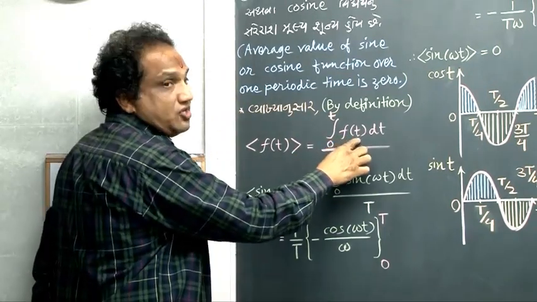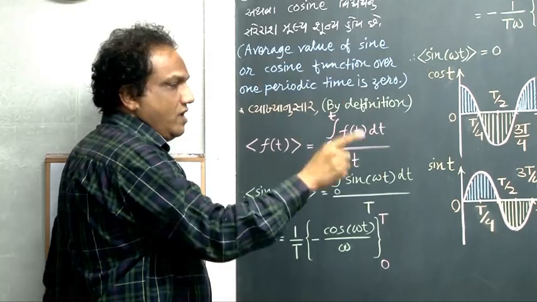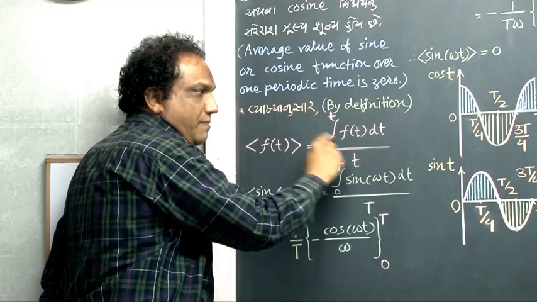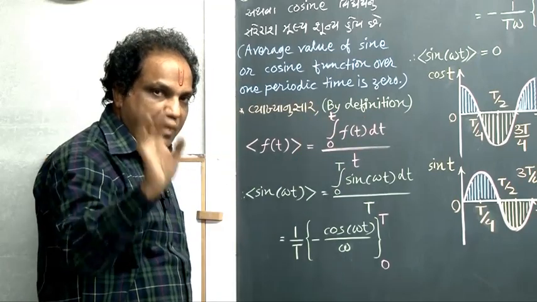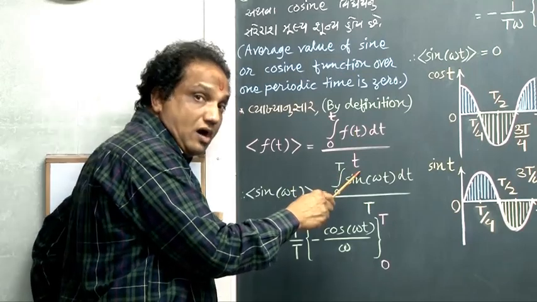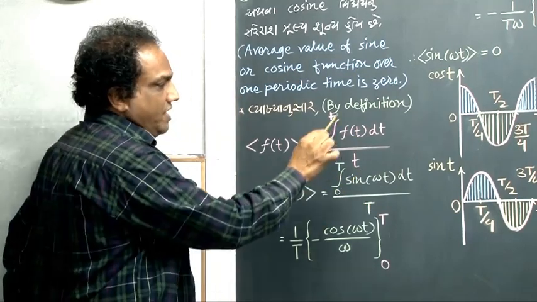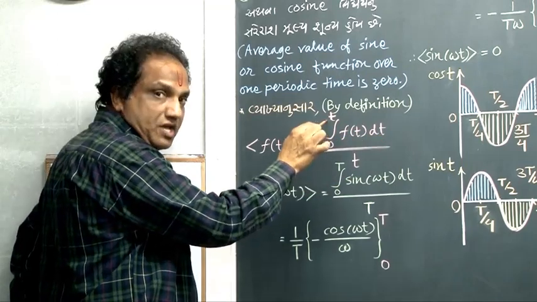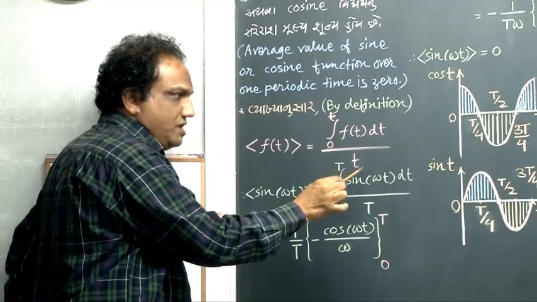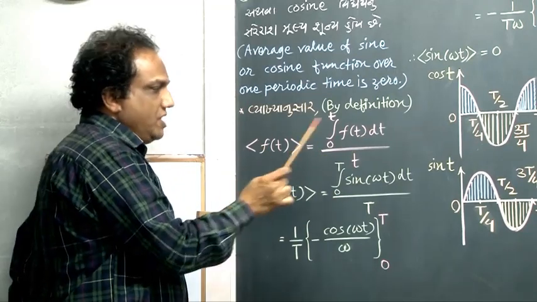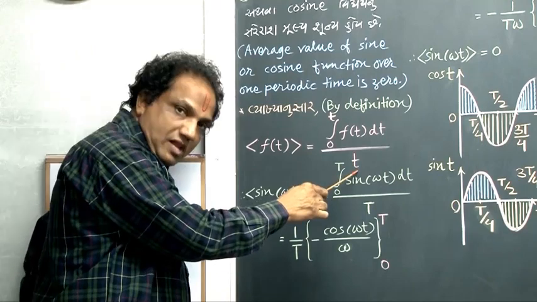Integration of f as a function of t dt over the time interval from 0 to t, and then that summation is to be divided by the same time interval, that is, you must divide this by t. Now tell me, integration of f(t) dt from 0 to small t divided by small t will give you the average value of the given function in this time interval.